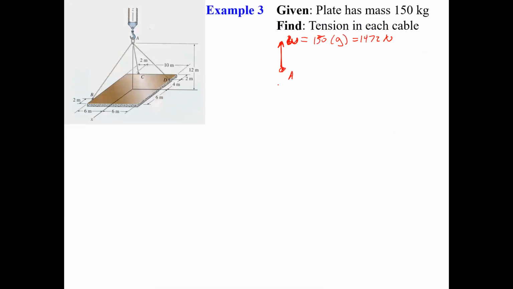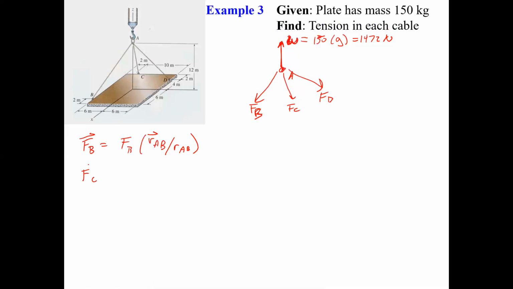And then we have these three forces, FB, FC, and FD, right? FB is going to be the unknown magnitude times the unit vector, which is RAB divided by its magnitude.